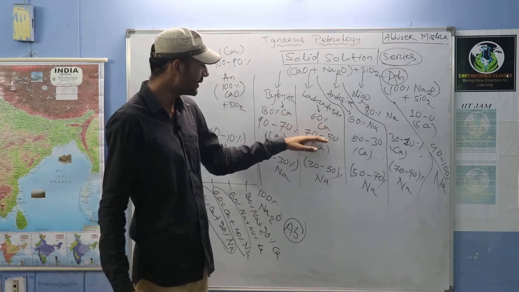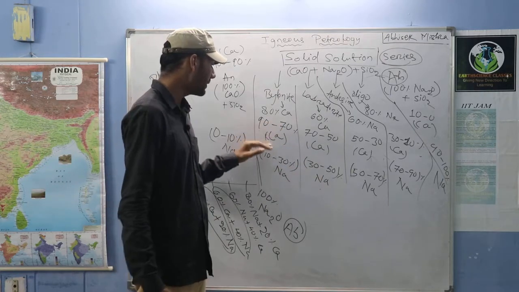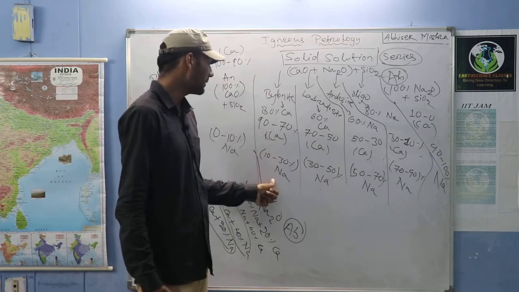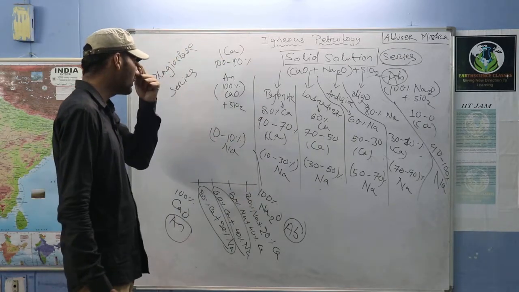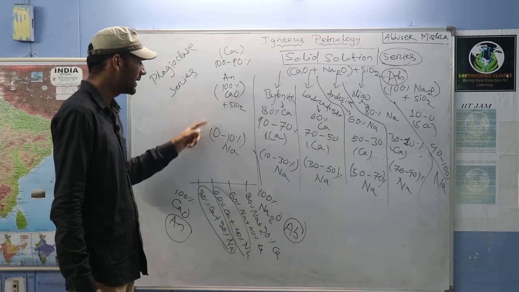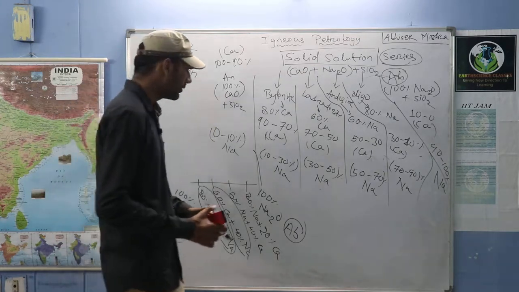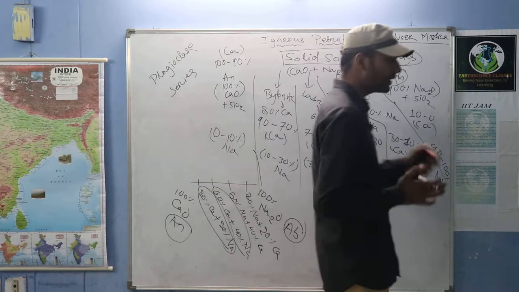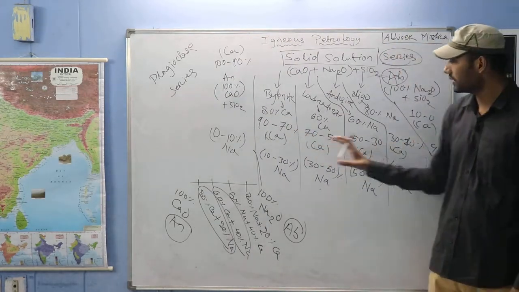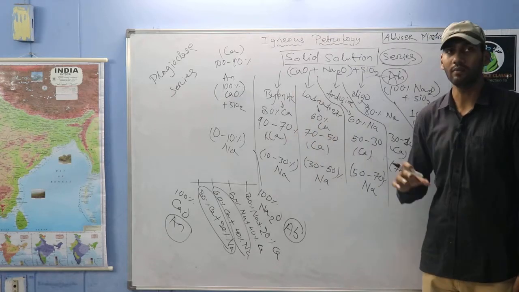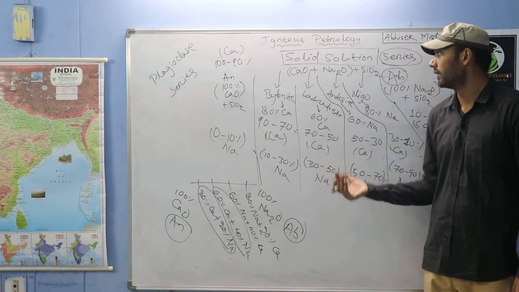Here 50 to 70% calcium and 30 to 50% sodium. 70 to 90% calcium and 10 to 30% sodium, bytownite. Similarly, anorthite is 90 to 100% calcium, 0 to 10% sodium. So you can see when I am changing the percentage of sodium and calcium, the mineral is changing. The mineral will be a different mineral.